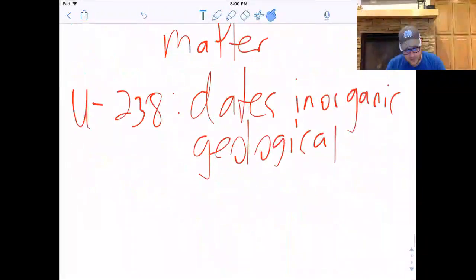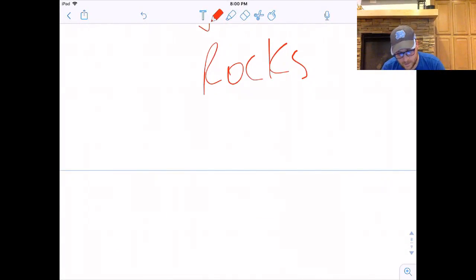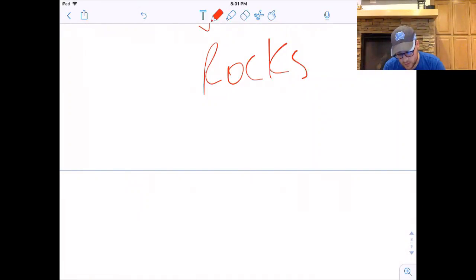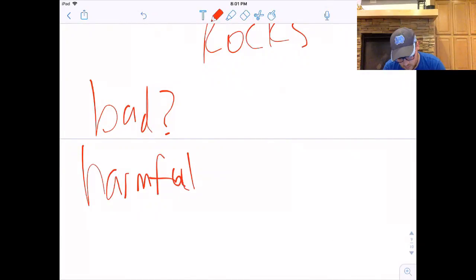Know the general idea of what's bad about nuclear waste: it creates harmful waste. So let me start from the top here. What's bad about nuclear energy? You can create harmful wastes. These things have long half-lives, so they're hard to get rid of because they stick around.